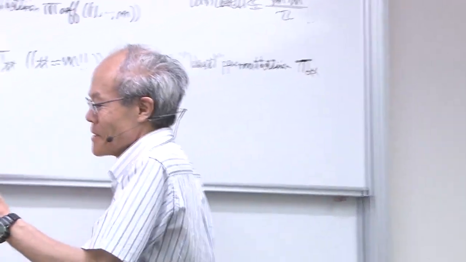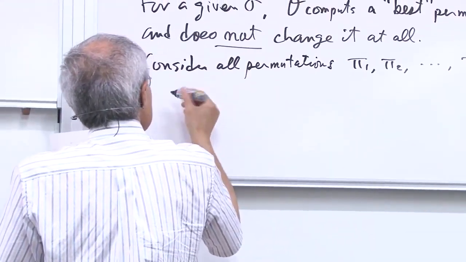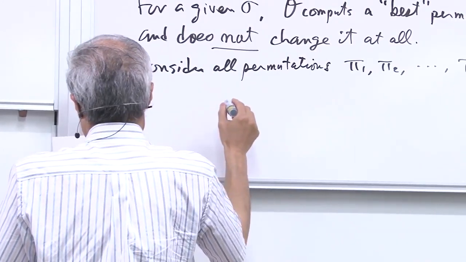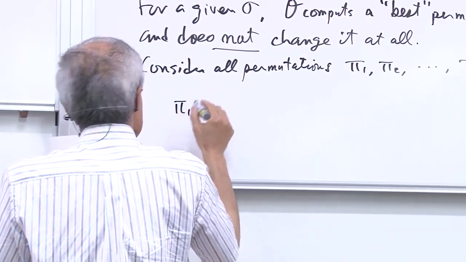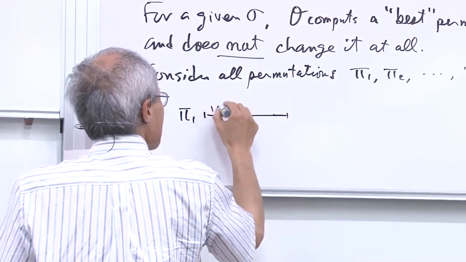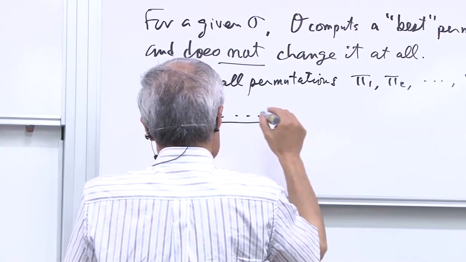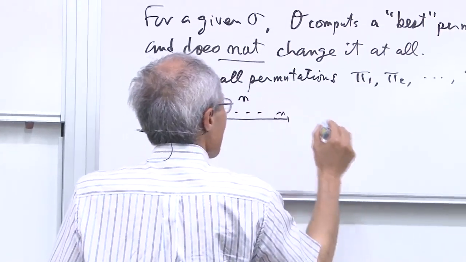Why? It's pretty easy. Now we have pi 1, which is just 1, 2 through n.